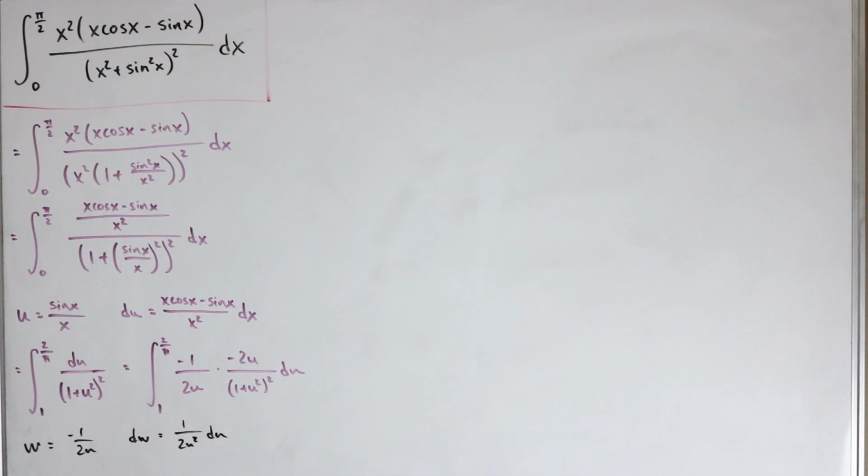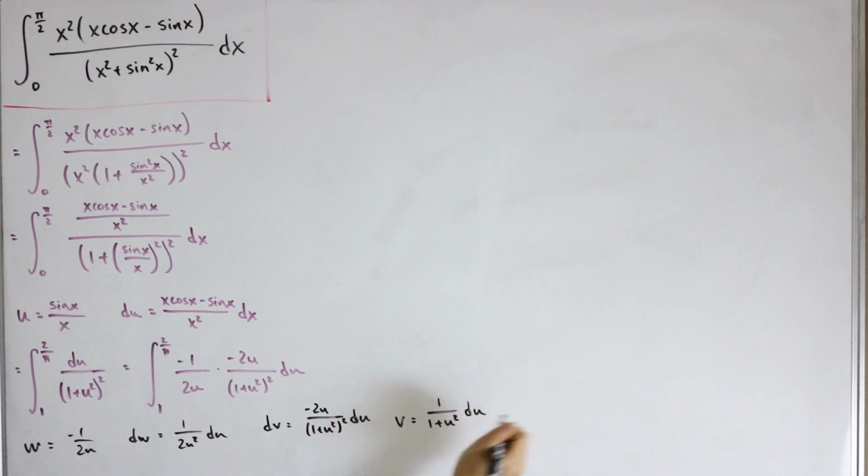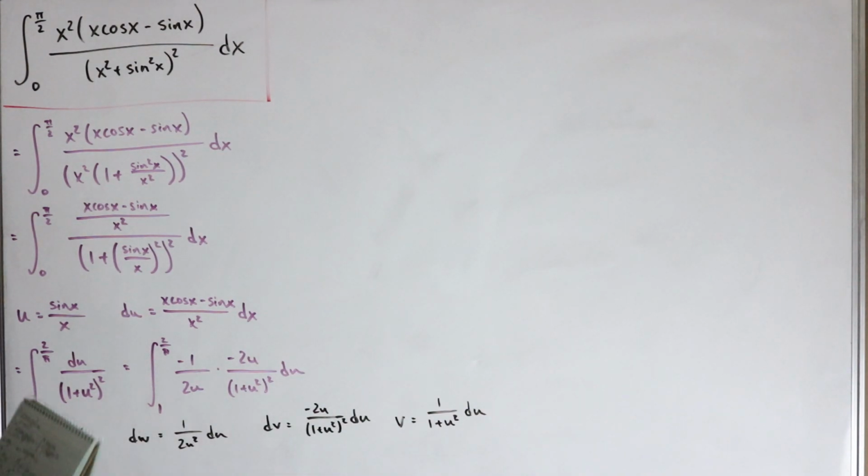And so we choose our dv, we'll let this be negative 2u divided by quantity 1 plus u squared, squared, du. If you integrate this, v is just going to be 1 divided by 1 plus u squared. Now we plug into our integration by parts formula, w times v minus v times dw.